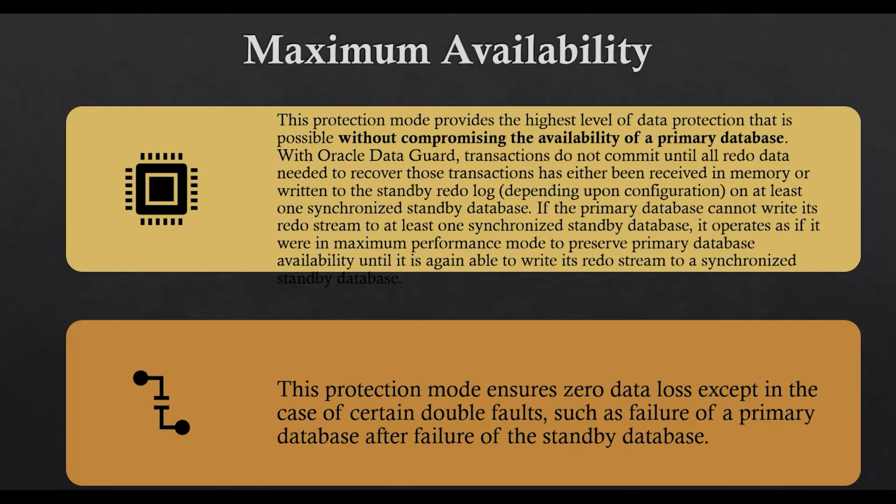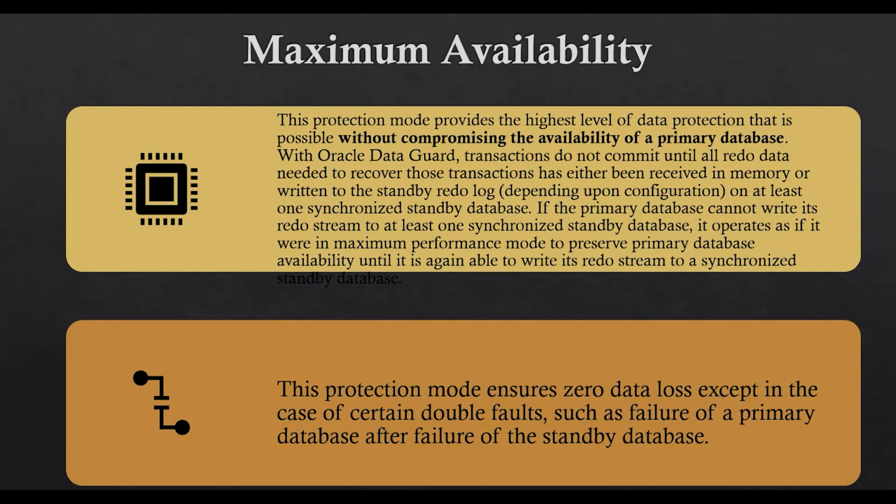And there will be an acknowledgement that these changes are done on the standby site. If the primary database cannot write the redo stream to at least one synchronized standby database, it operates as if it were in maximum performance mode. So basically, it will try to fulfill the requirement of maximum availability.